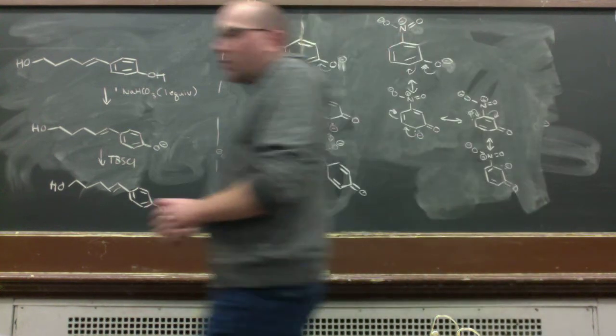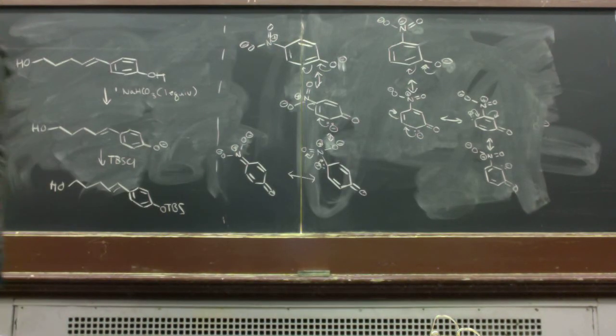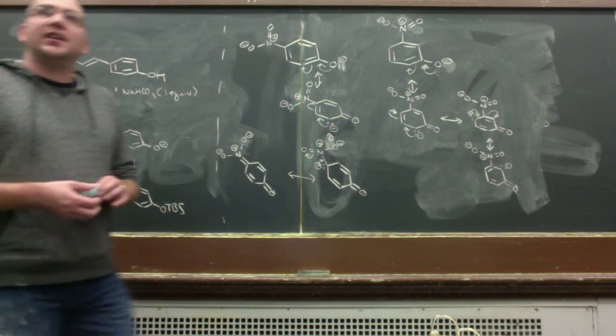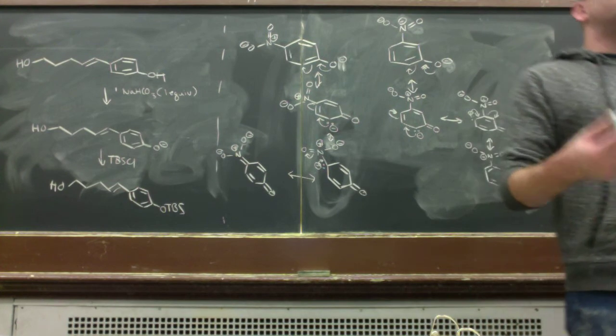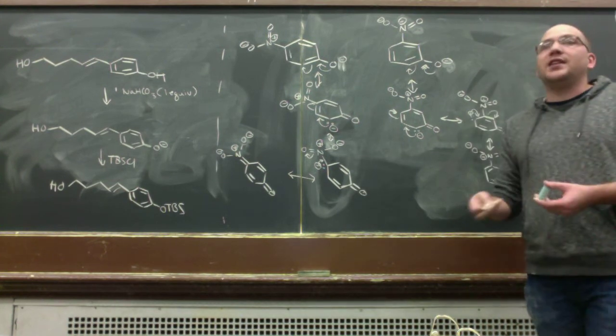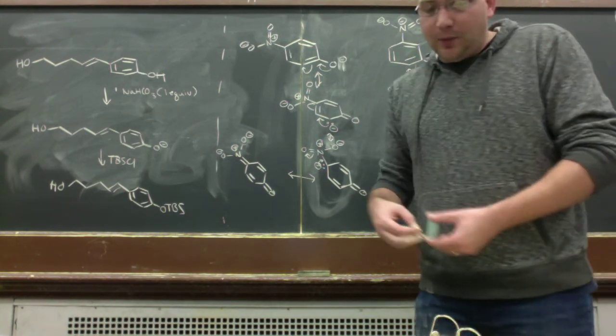But really a key in general to the aromatic chapter, as we'll see, is going to be recognizing these resonance forms and how those resonance forms may stabilize different groups in different processes.